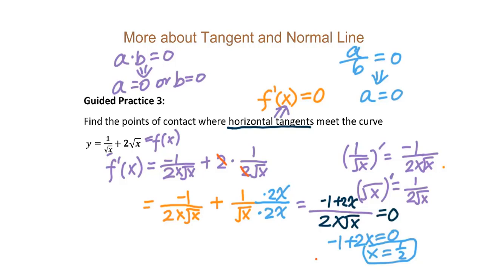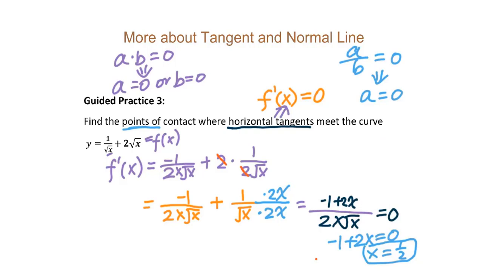We need to figure out the points of contact. Point means coordinates. Therefore, you will substitute this 1/2 into the original function. That equals 1 over square root of 1 over 2 plus 2 square root of 1 over 2.